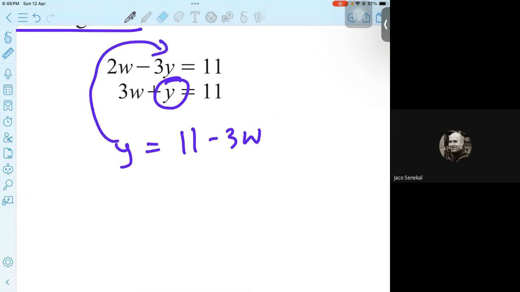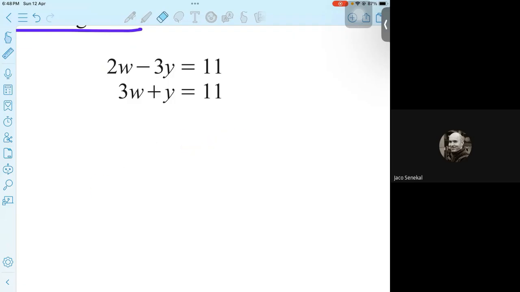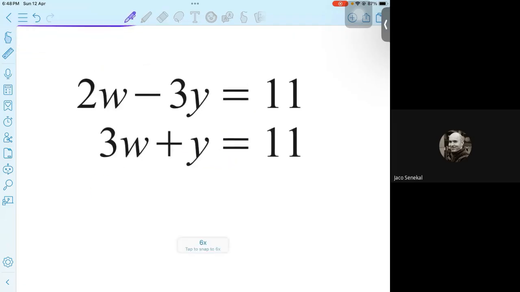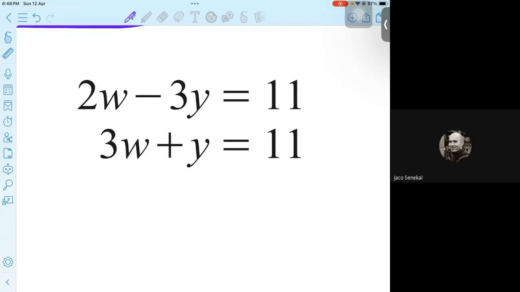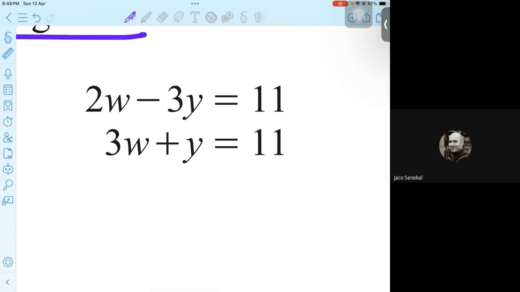Okay. Something else we can do is the elimination method. The purpose of the elimination method is to completely get rid of any one variable. Okay. So I have to multiply one of these equations in a way that if I add or subtract later on, I should be able to get rid of either the w's or the y's.